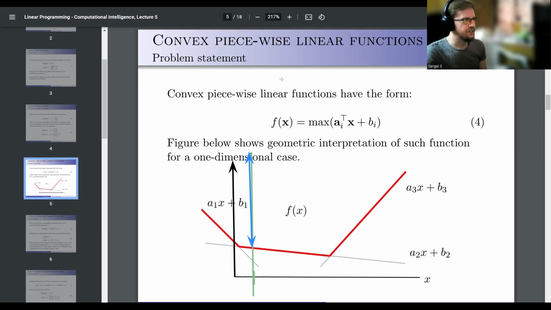Because there is a line here that goes here, and t cannot be under the line. We have a constraint saying that t is bigger than a2x plus b2. And since we chose x to be here, we cannot possibly choose t to be below this value.